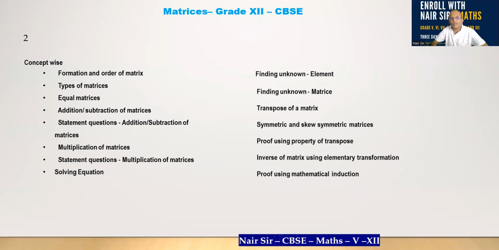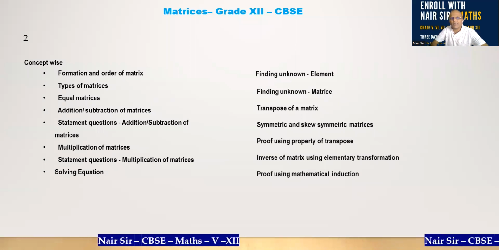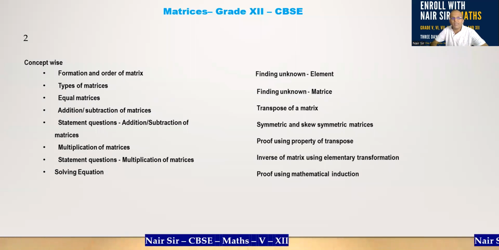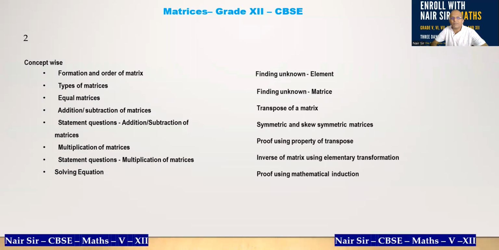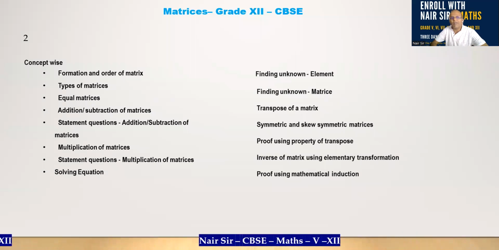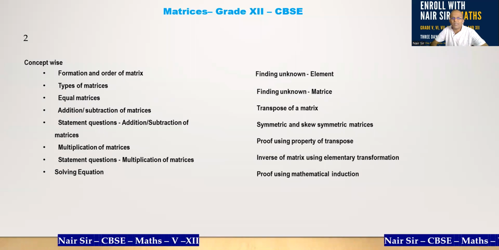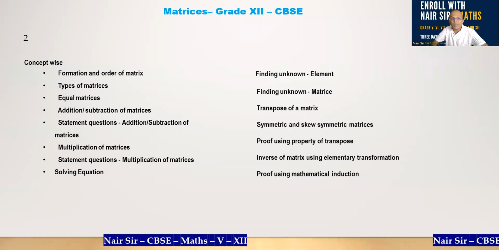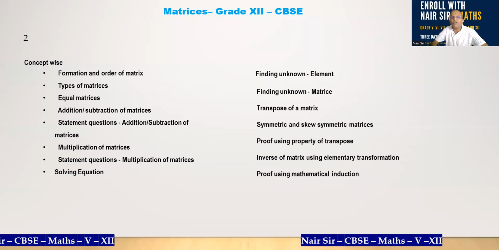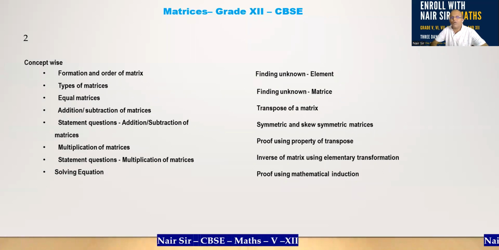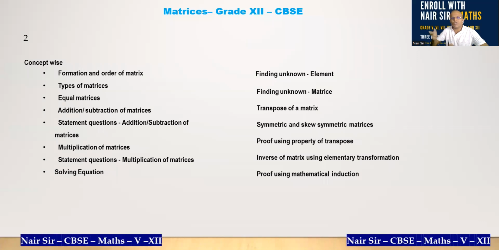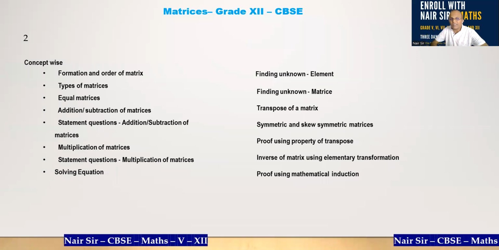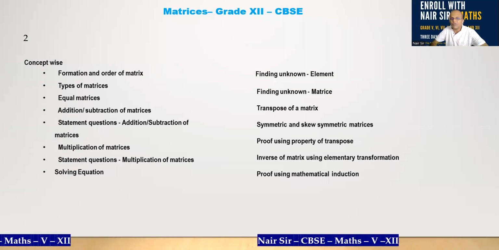These are the concepts that you're going to learn: formation and order of matrix, type of matrix, equal matrix, addition and subtraction of matrices. Whenever you're studying mathematics, it's all about addition, subtraction, multiplication. Multiplication is there for you. You're going to find unknown elements, if an equation is given and you have to find the value. Finding unknown matrices, you will be doing the transpose.